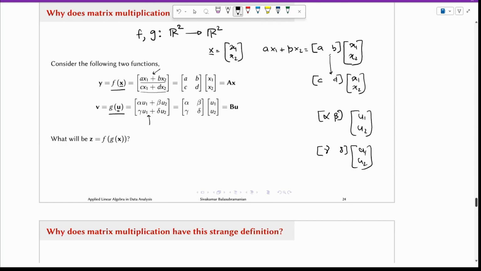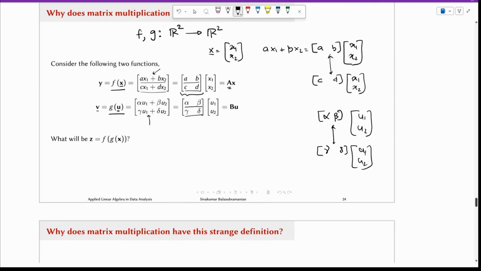Now, if you simply concatenate these rows, you can represent this linear transformation F as a matrix multiplied by X, and the matrix will simply be A, whose rows are A, B and C, D. Similarly, for G, it's a 2 cross 2 matrix whose rows are alpha, beta, and gamma, delta.